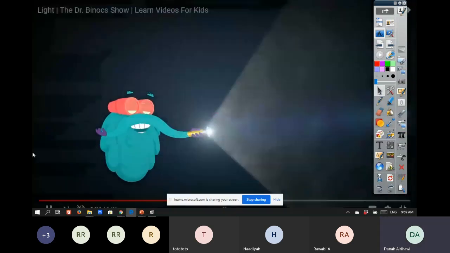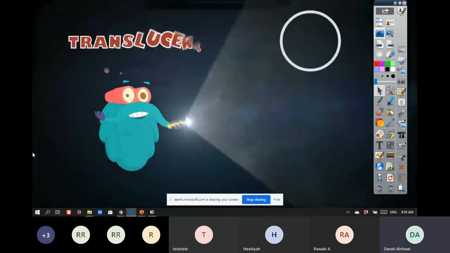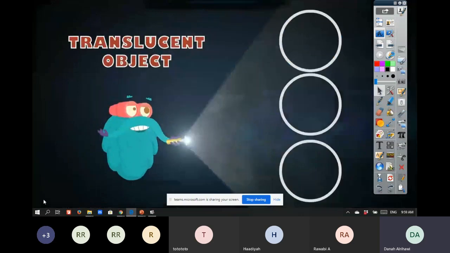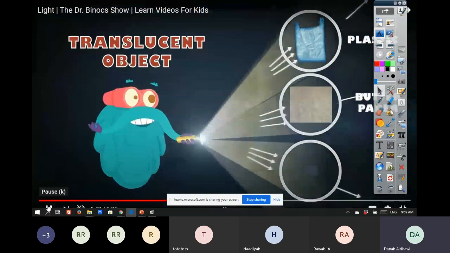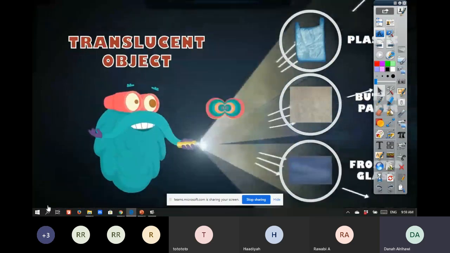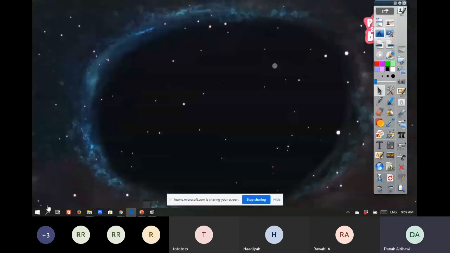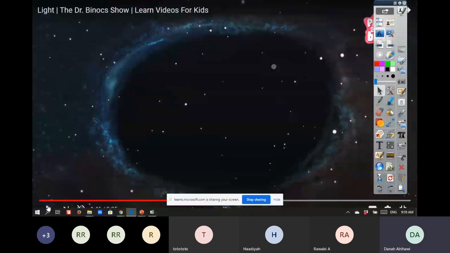Now, we also have the third kind of material. We call them translucent, like plastics, like butter paper, and also frosted glass. It's the glass that we usually use for the bathroom, or for places in the restaurant where I don't want everything to be clear.